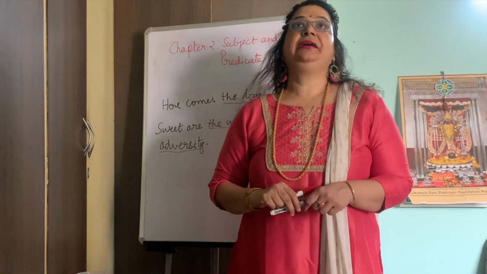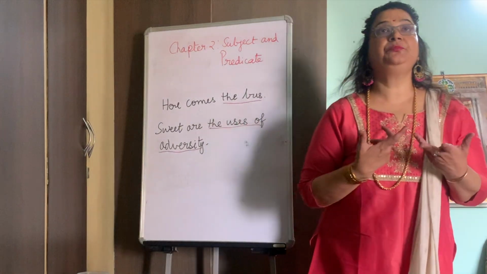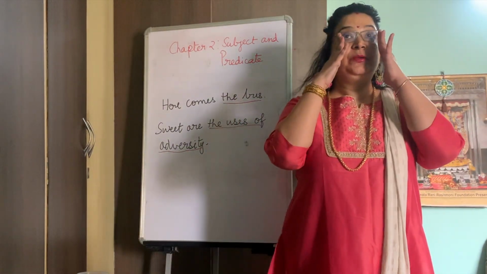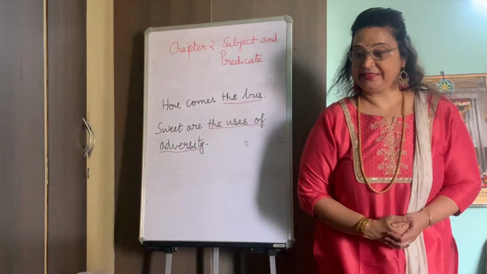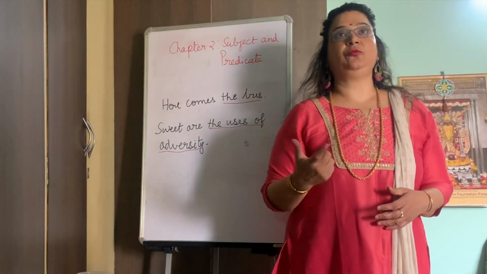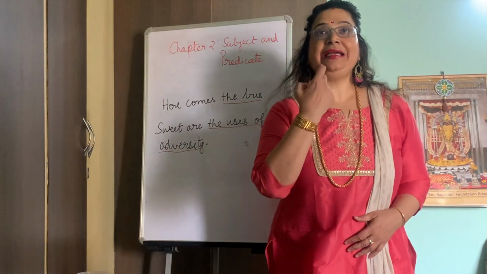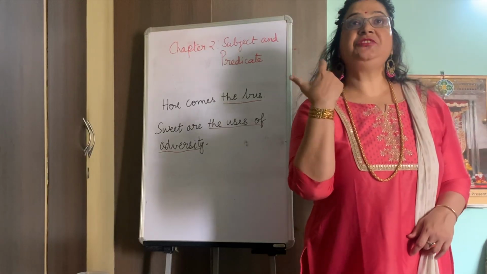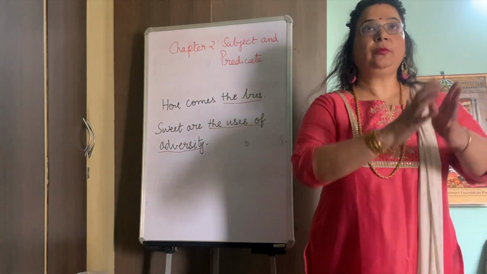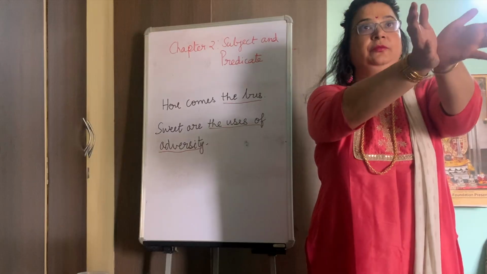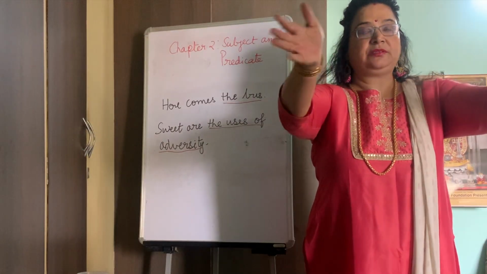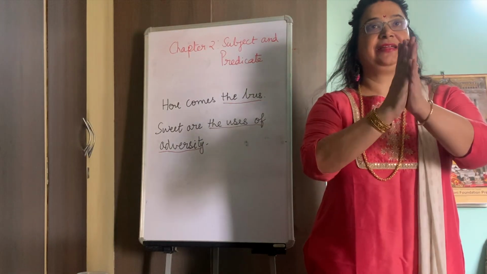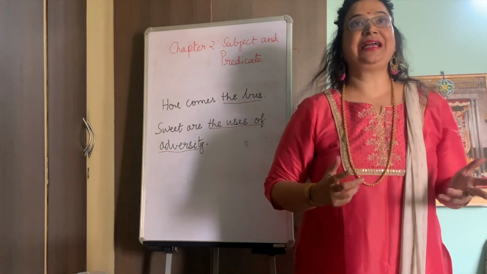Now, I will tell you about the imperative sentence. What will be the subject in an imperative sentence? For example, sit down, stand up. These sentences you tell directly to a person or a group of people. You say directly, sit down, stand up.